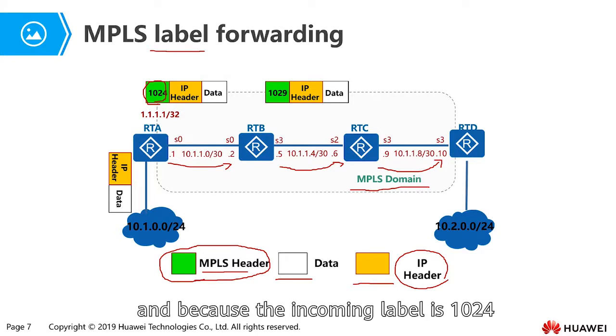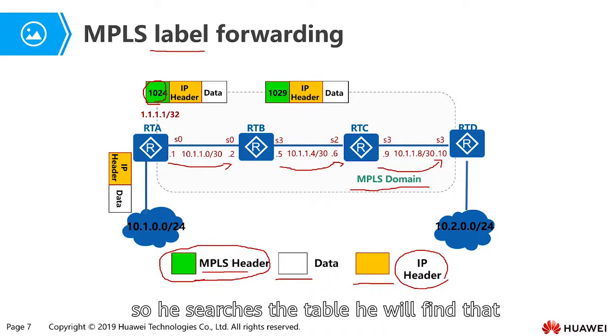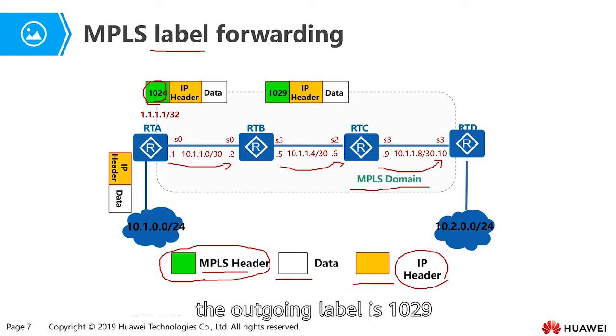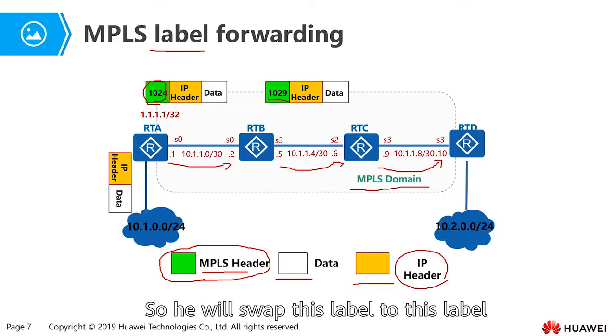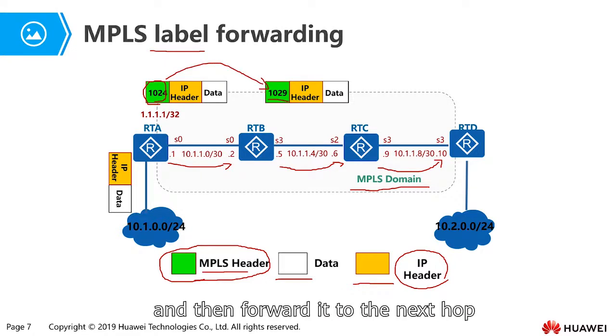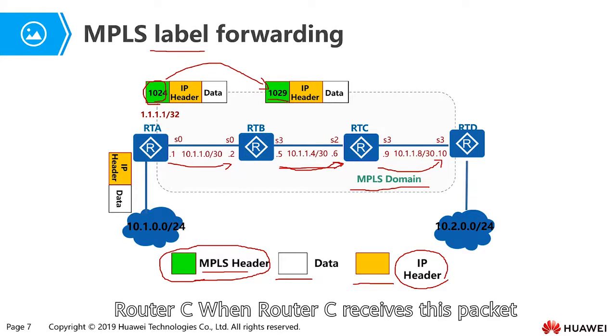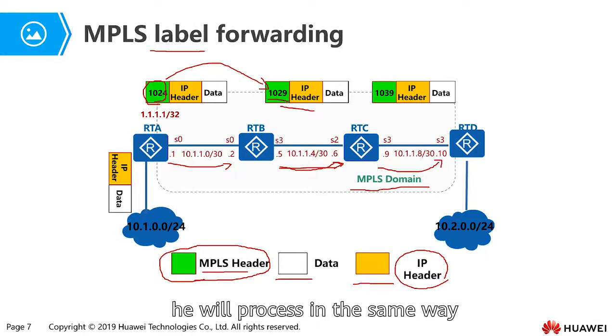Because the incoming label is 1024, it finds that the outgoing label is 1029. So it swaps this label for that label and then forwards it to the next hop, router C. When router C receives this packet, it processes it in the same way.